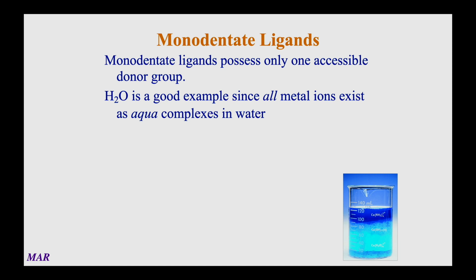Monodentate ligands are very common, and we've seen quite a few of these already in our chemistry classes. Water is a great monodentate ligand, all right? It's small, relatively. It's got good lone pairs on it, so it connects well to the metals. And I would argue that any metal atom in water has water complexed around it. In this picture, it's kind of hard to see, but at the very bottom, it says CuH2O6 2+.